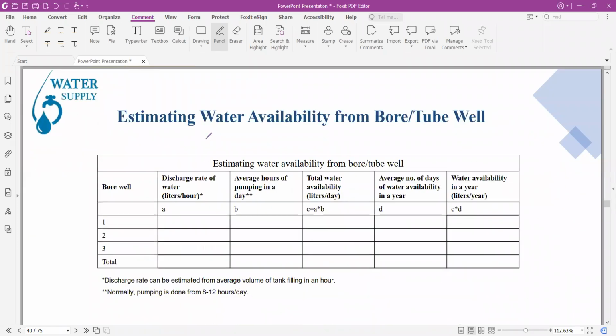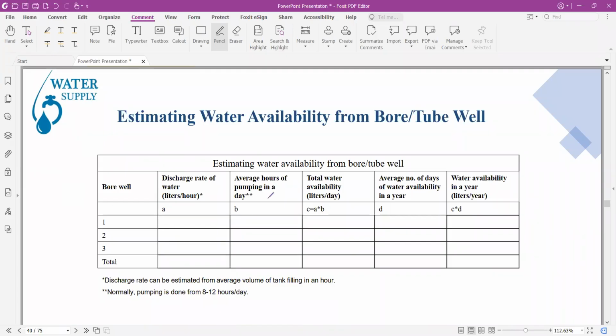Similarly, the water availability from a tube well can be calculated in such a way. The discharge rate of water cannot be calculated with buckets by a simple method, because the pressure is very high, so we cannot use that method. A flow meter is basically used to measure the discharge rate of water from a tube well.